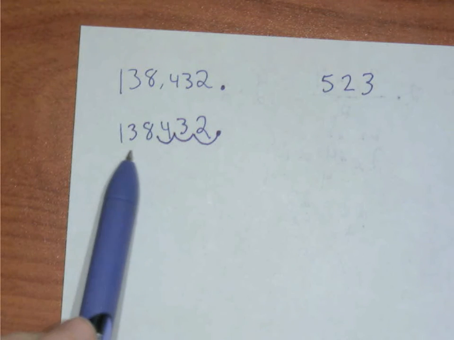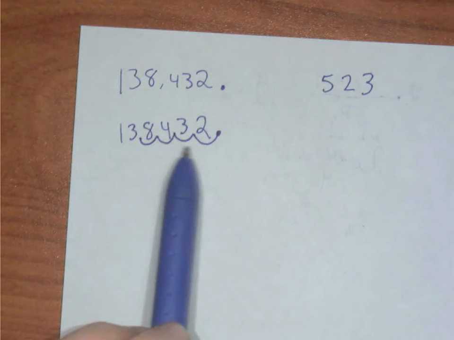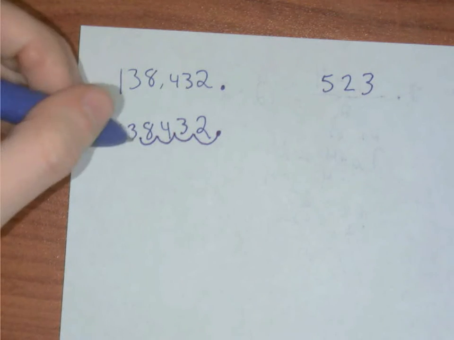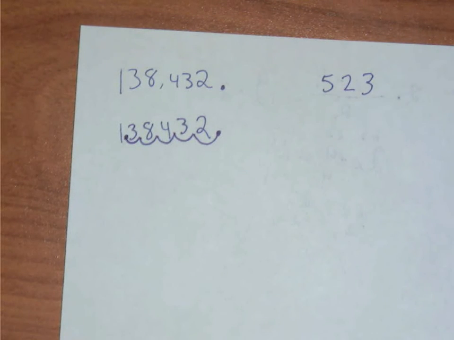Now I've got 138.432. Again, not small enough. I'm going to keep going. One more movement, 13.8432. We're almost there, but we're still not between 1 and 10, so I'm going to move it one more time. And here is 1.38432. So that I know is what I want.